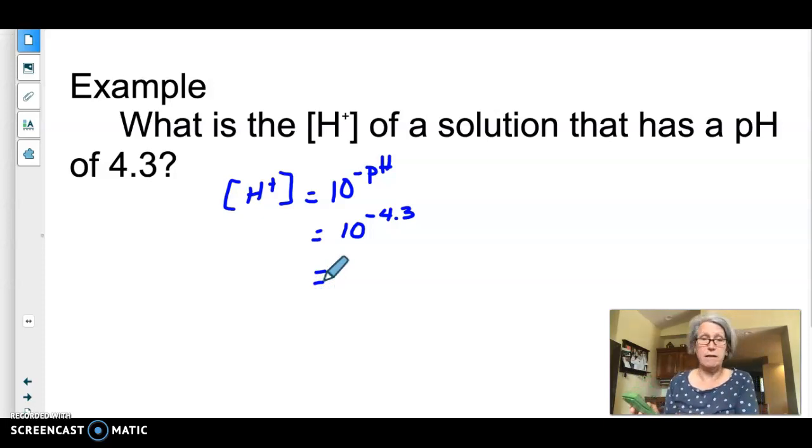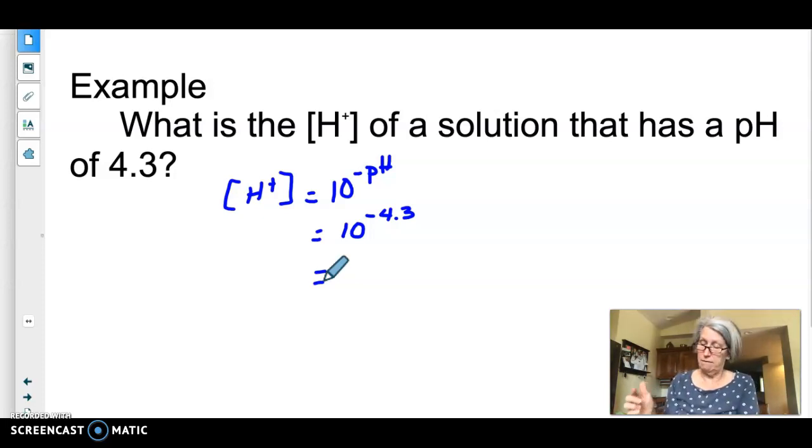And so to do that, I'm going to grab my calculator and calculate this, which I didn't do beforehand, so let's just see. I'm going to enter negative 4.3, and then hit that second log function, that inverse log function.